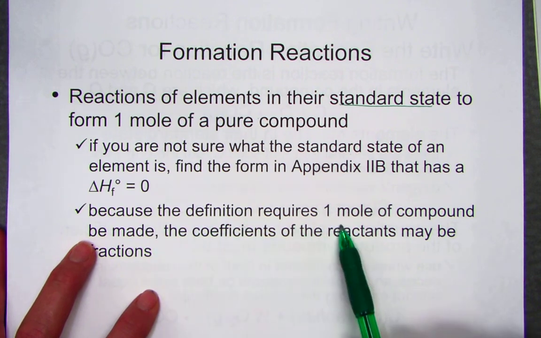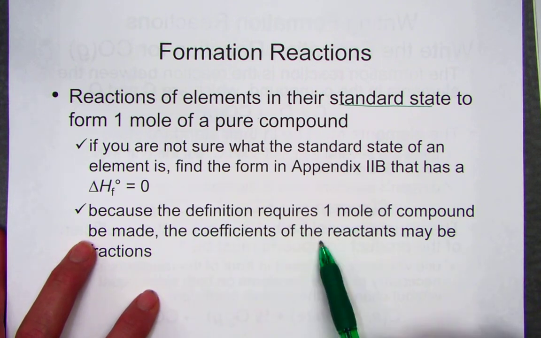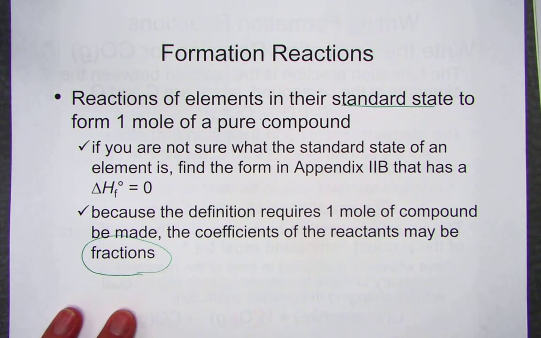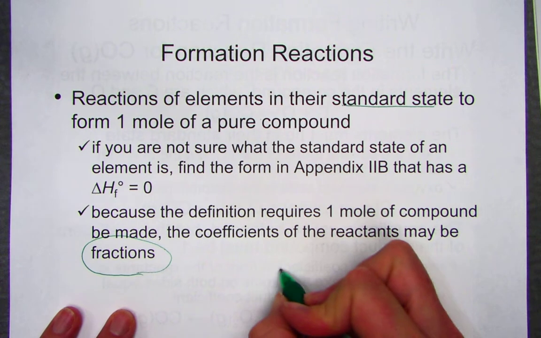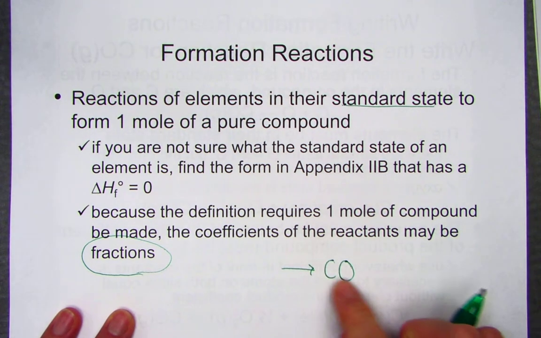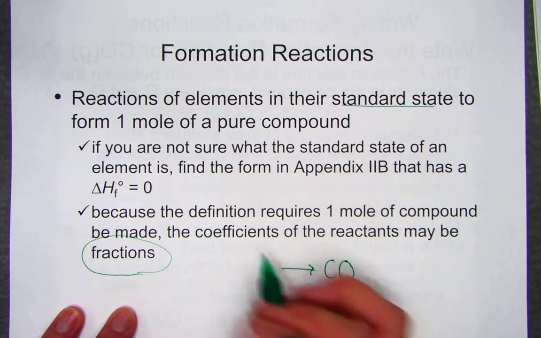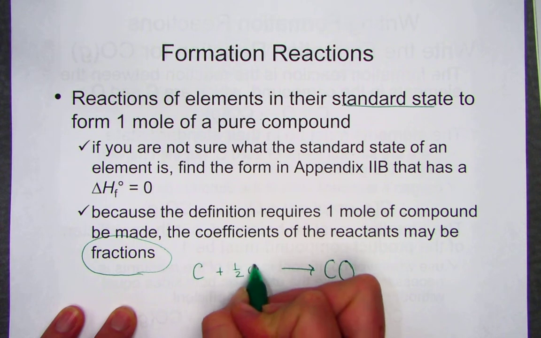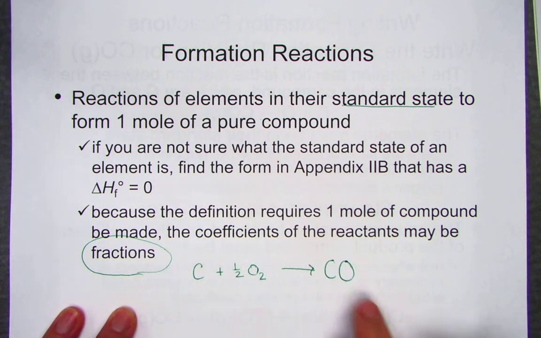Because the definition requires 1 mole of a compound be made, the coefficients of the reactants may be fractions. To clarify, suppose I want to build 1 mole of a molecule called carbon monoxide. 1 mole of carbon will react with half a mole of oxygen to create 1 mole of carbon monoxide.